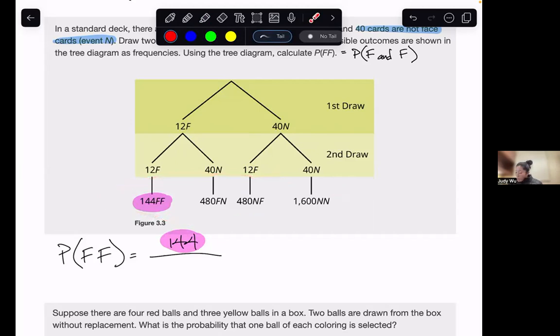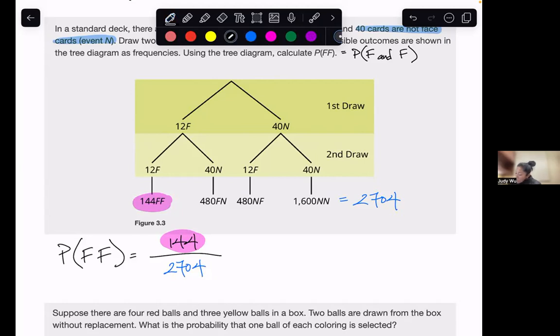To get the total number, we could add all of these together, okay? So 144 plus 480 plus 480 plus 1600 will give us a total of, let me get my calculator, 2704. So that means the total number of ways that this could happen is 2704.